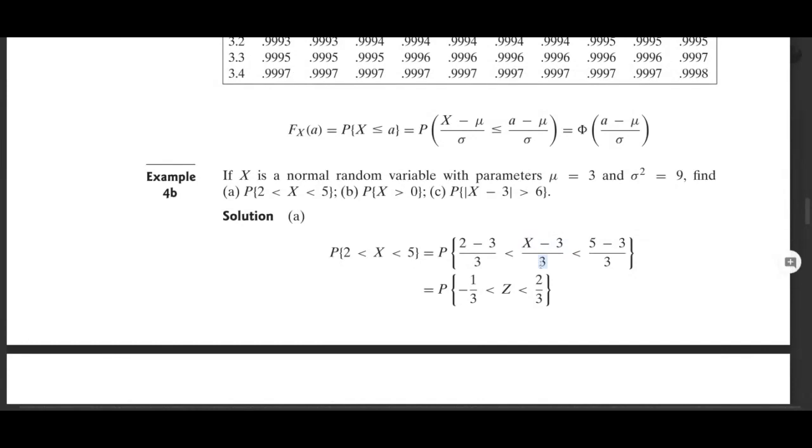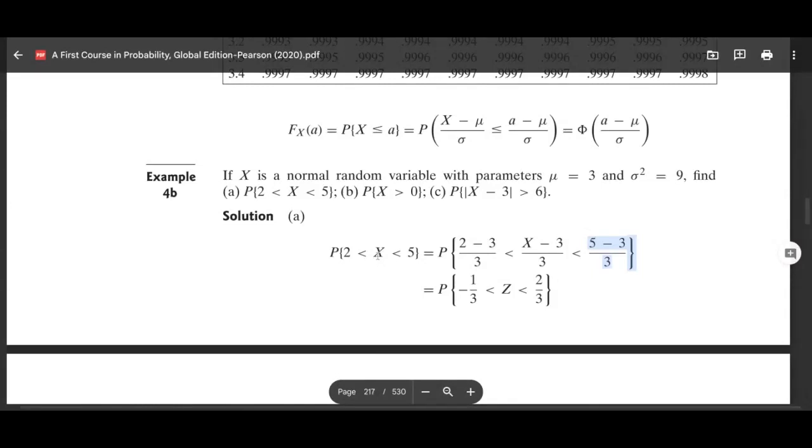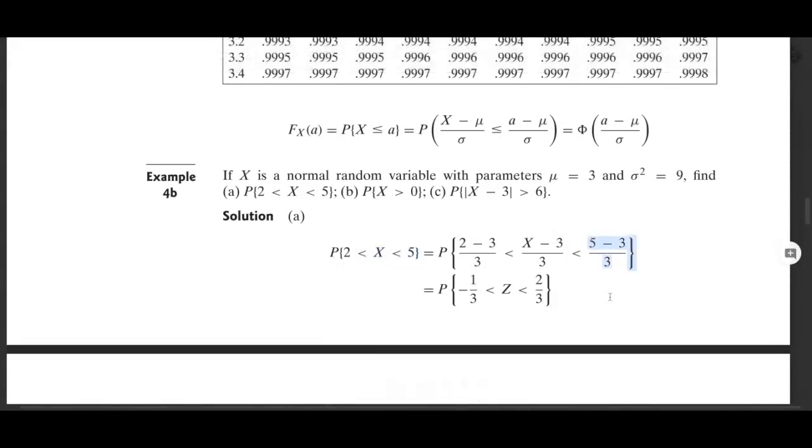Then this variable is (X minus 3) over 3. The upper one is 5, because X goes from 2 to 5: 5 minus 3 over 3. Which means this Z is in between negative 1/3 and 2/3.